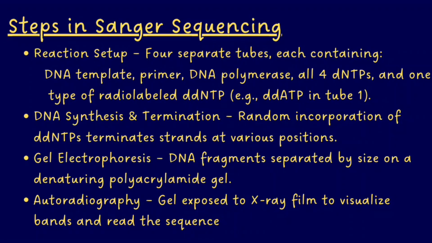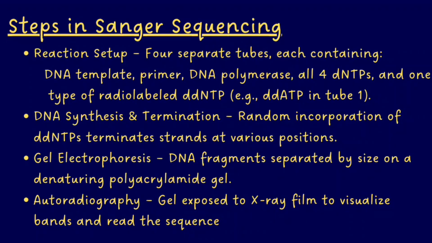Let's talk about the steps that are involved in the Sanger sequencing. The first thing is the reaction setup. 4 separate tubes, each containing DNA template, primer, DNA polymerase and all 4 dNTPs and one type of radio-labeled ddNTP.